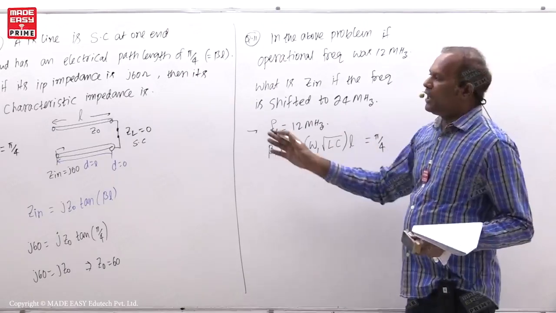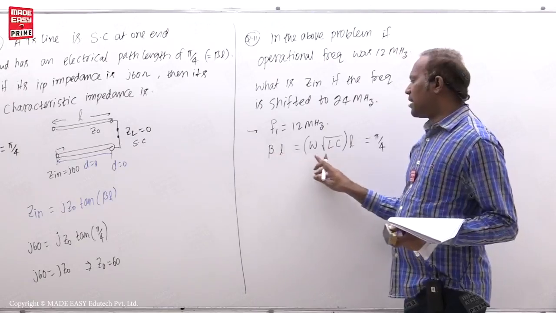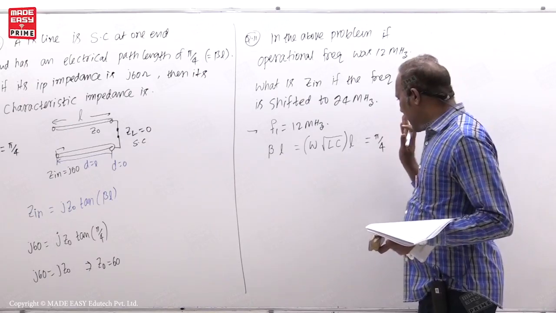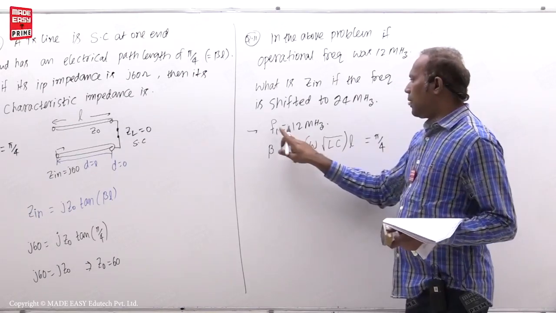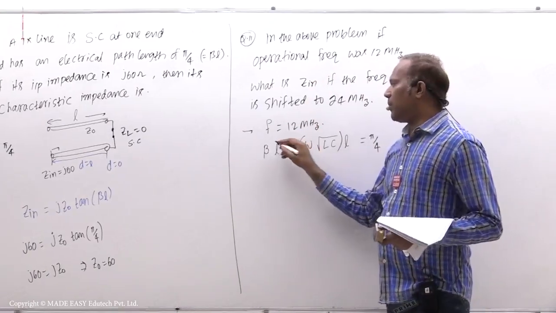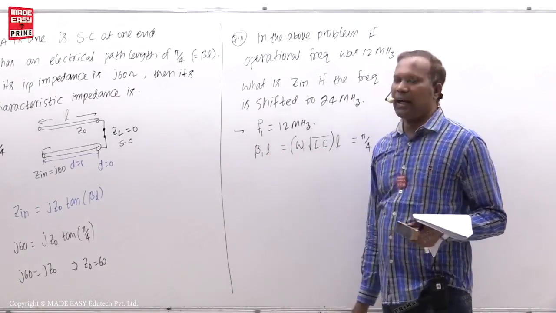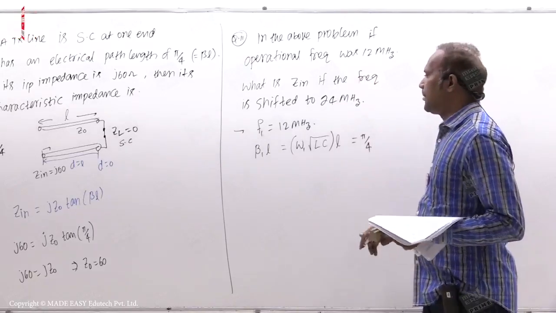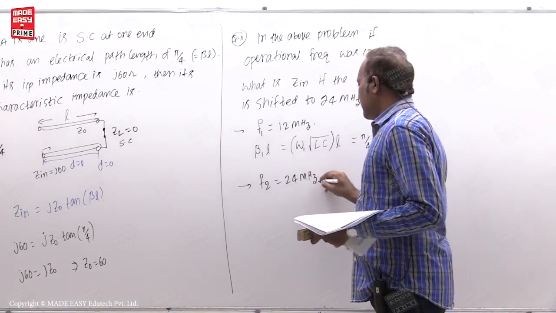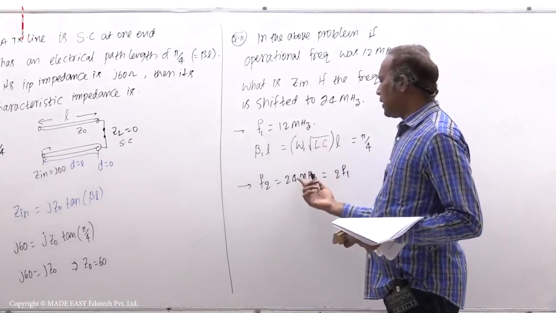Once again, in the previous question, β into L, where β in a transmission line is ω root LC, is given as π/4 at frequency 12 megahertz. Now I am taking that frequency as f1, then ω1 is 2πf1. The second frequency is given as 24 megahertz, that is nothing but 2 times f1, 2 into 12 is 24.